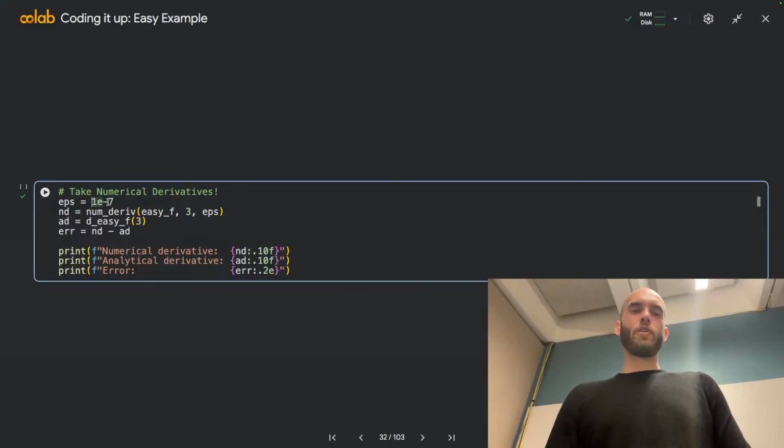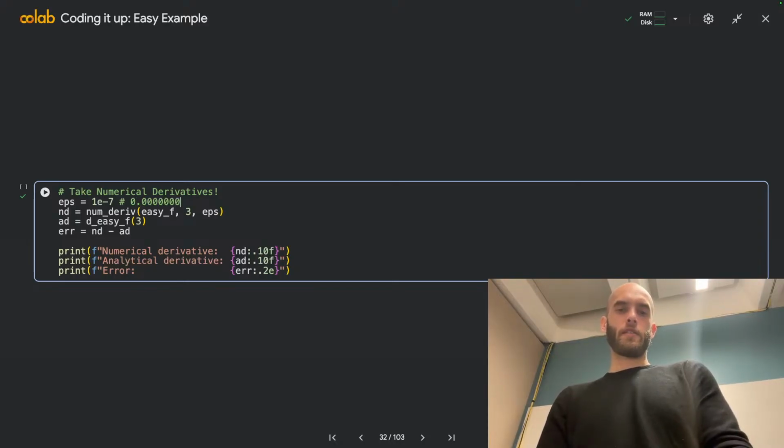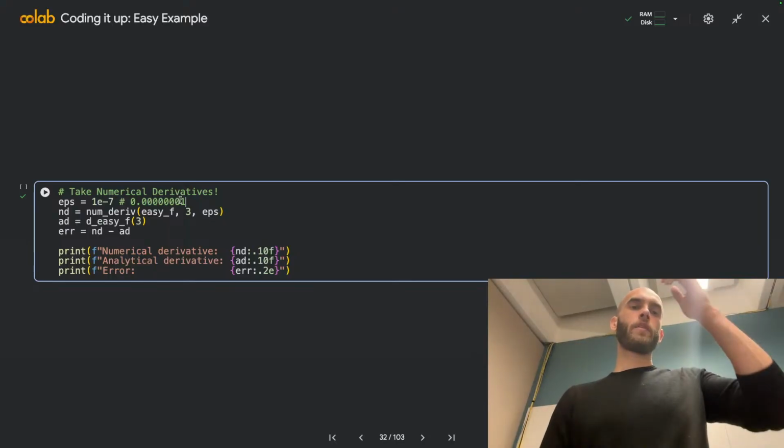This is scientific notation for 0.1 with 7 zeros. So it's a very, very small number.